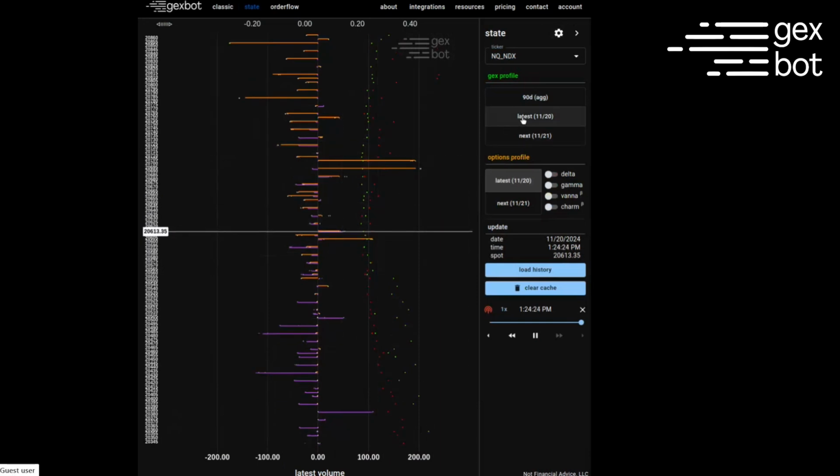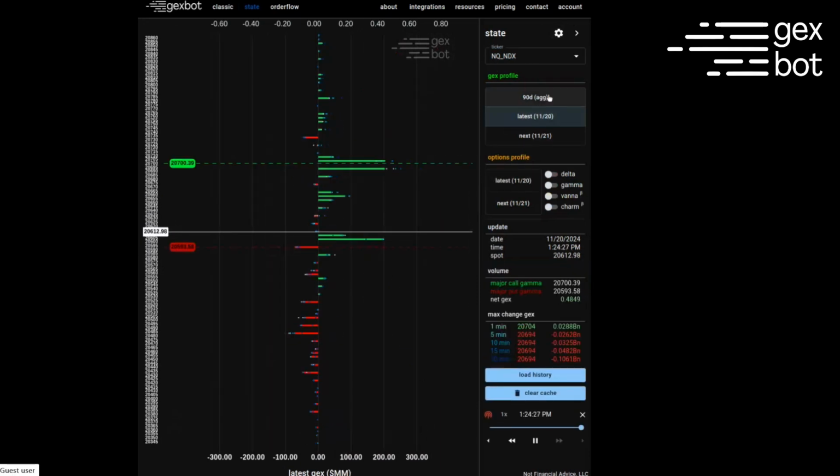But at the time of creating our GEX profile, the common literature, especially from SpotGamma, was the assumption that calls have positive gamma and puts have negative gamma. That's due to the assumption that every call is sold by customers and every put is bought.